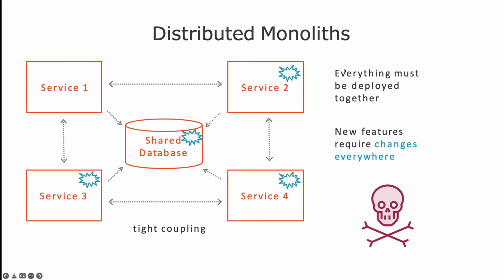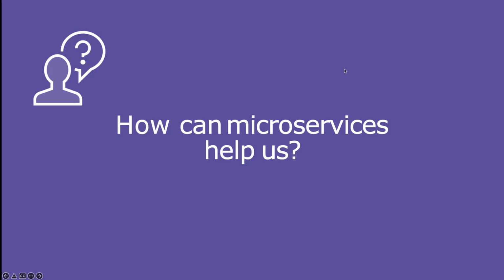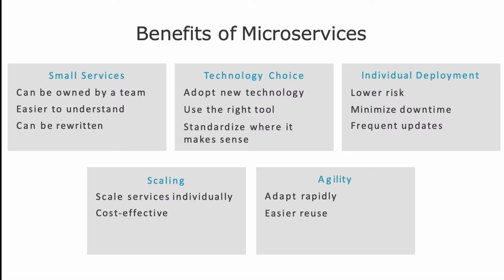So, how can microservices help us to improve the agility and also the time to market of our services? Microservices have a lot of benefits, and among them, there are small services that can be owned by a team.